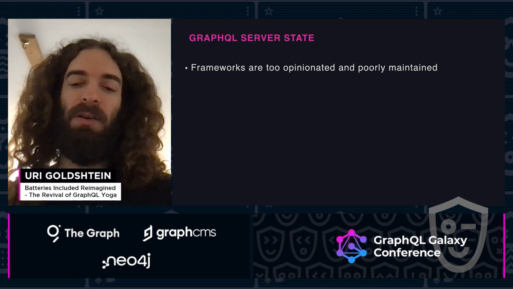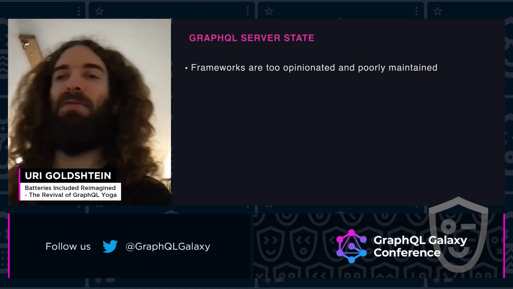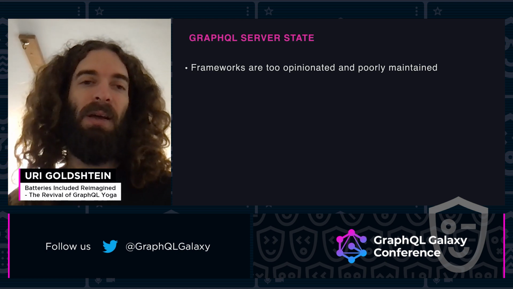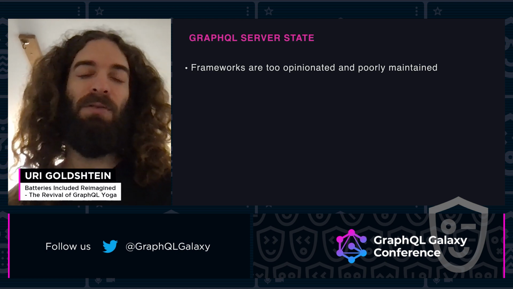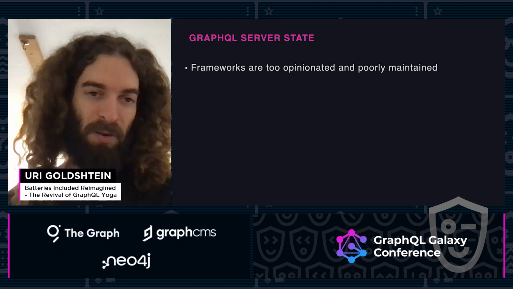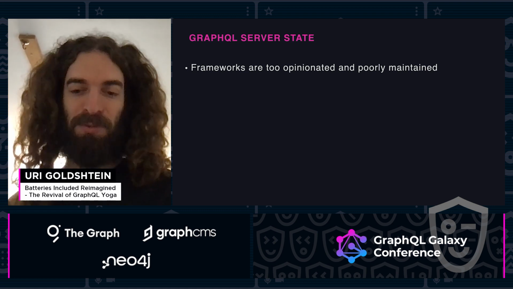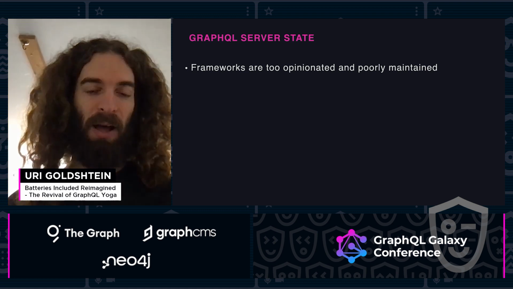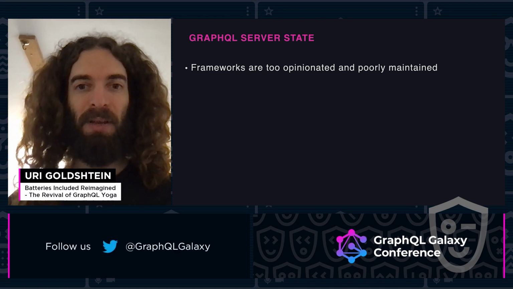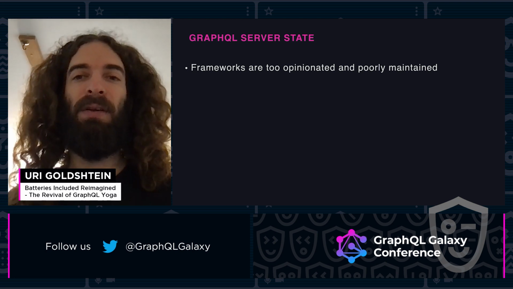First of all, the current most popular frameworks out there are very opinionated and sometimes not well maintained. And I think the combination of these two is very problematic. Being very opinionated means you're fitting into certain types of use cases, usually simple use cases, because you want to get a lot of community and stuff like that.